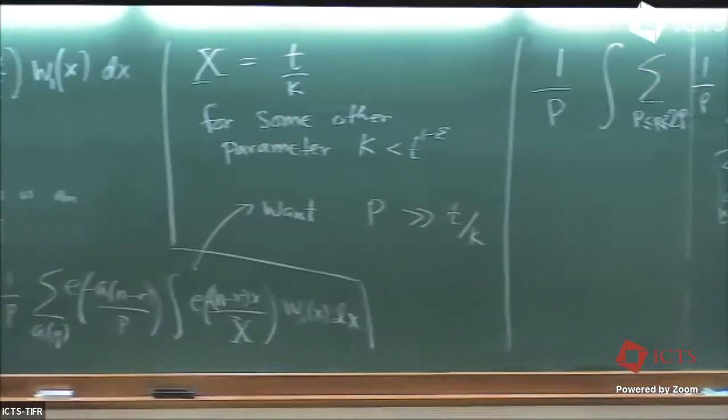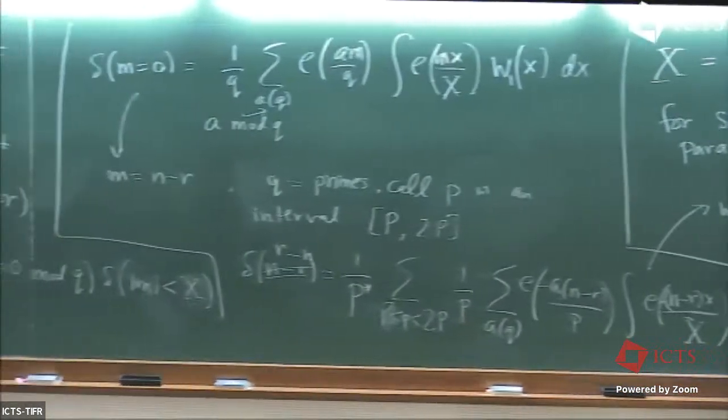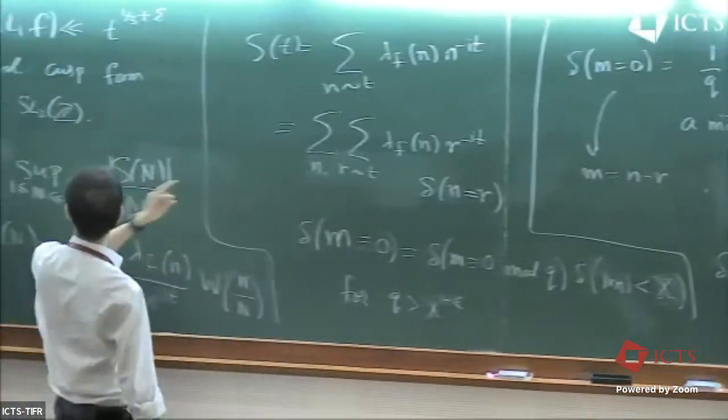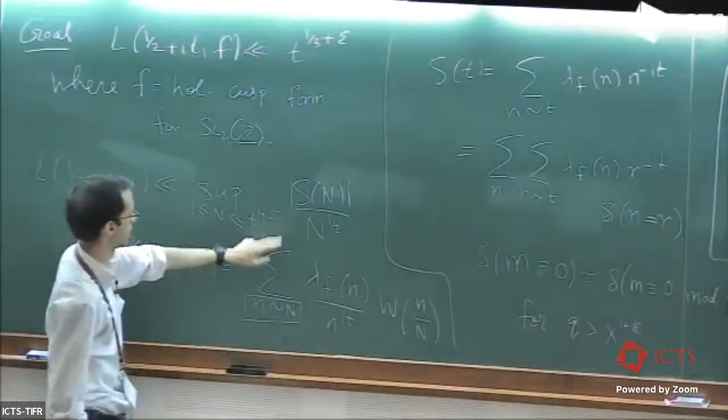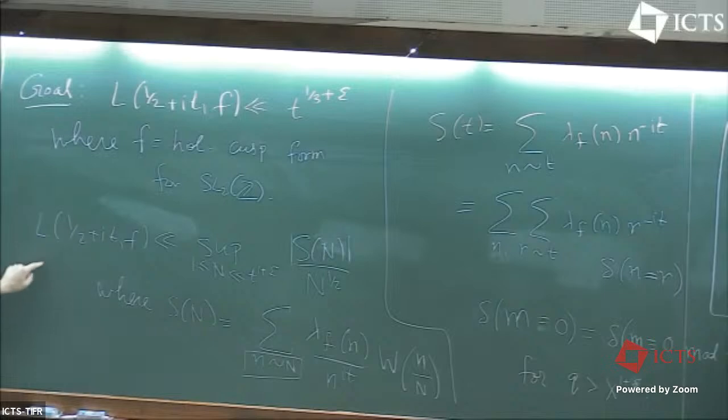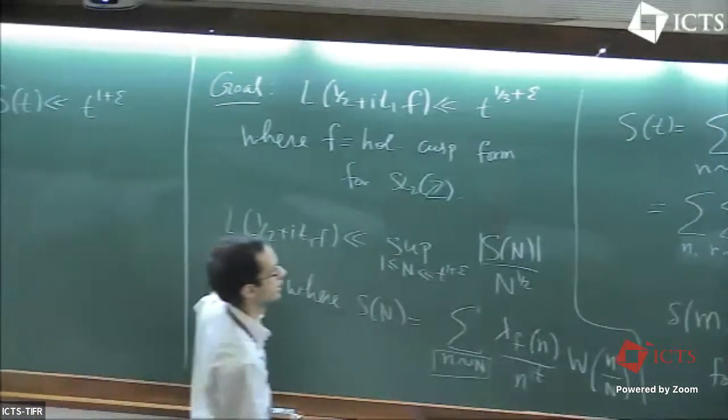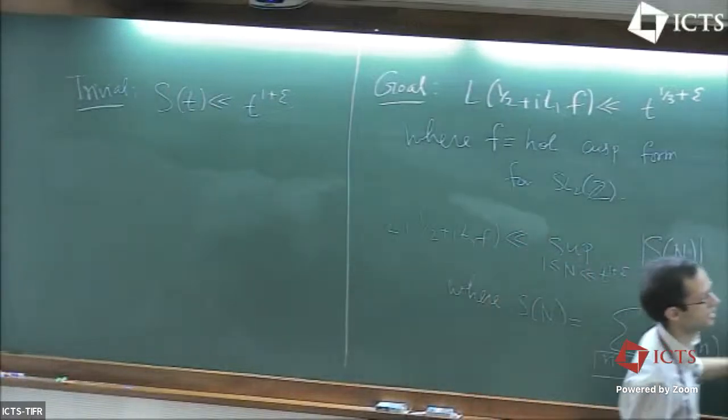That's just by putting absolute values inside. And so the trivial bound is going to give you the convexity bound for the L-function. So we have to do something and get certain cancellations.